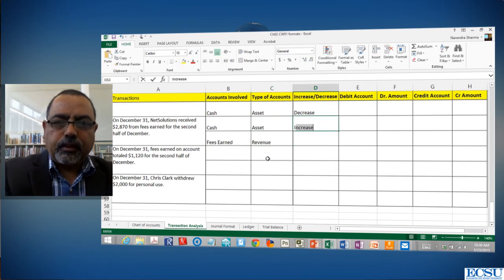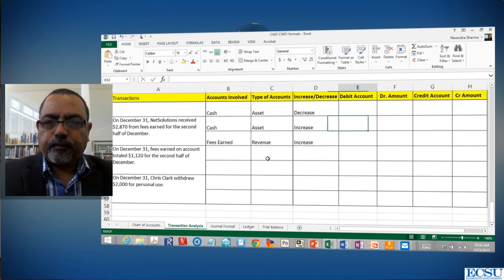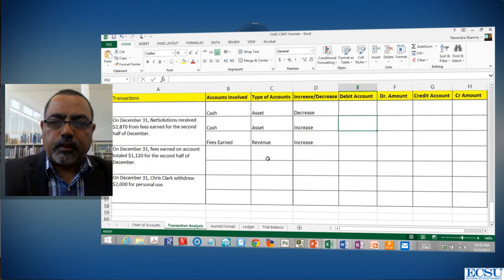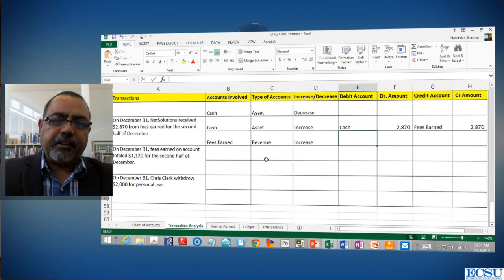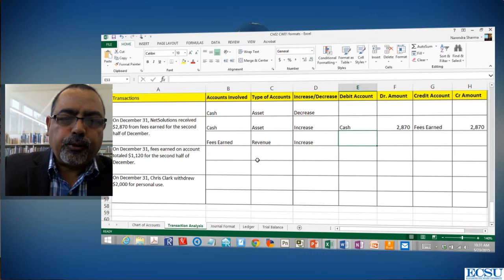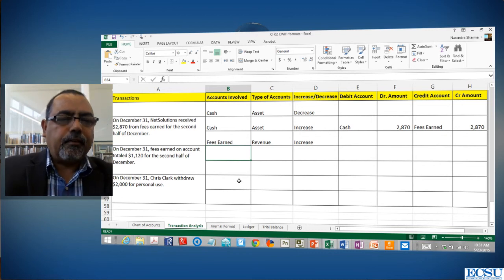Asset is increasing and revenue is also increasing. So since cash is an asset and it is increasing, it should be debited and the amount will be 2,870, and fees earned would be credited with 2,870 as well, because the rule of debit and credit is that revenue should be credited when it increases.